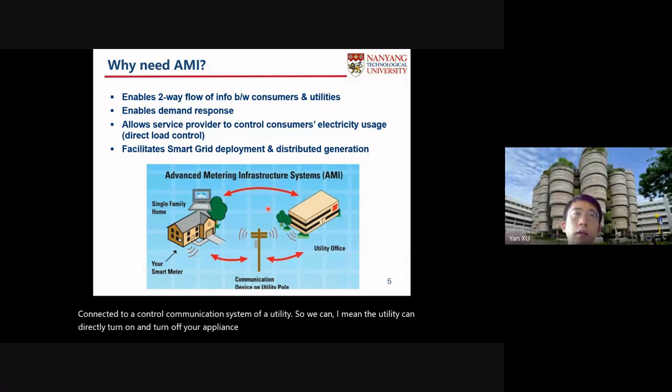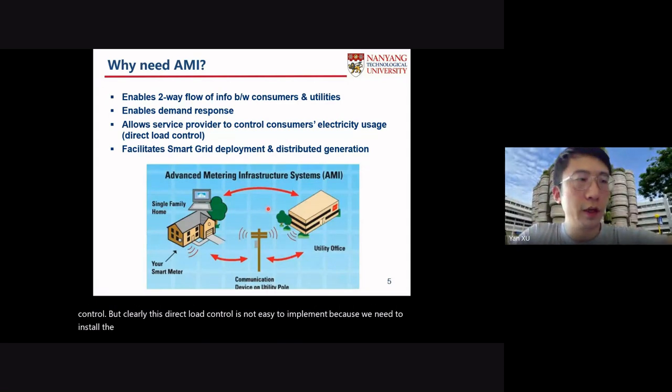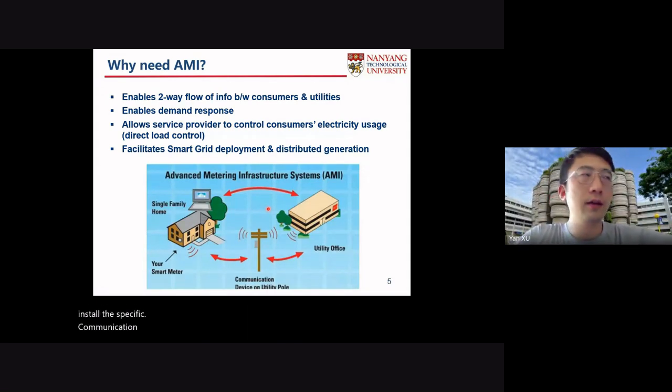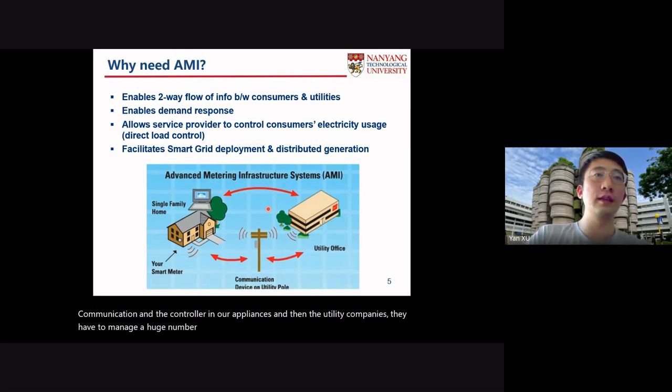This is the so-called direct load control. But clearly, it is not easy to implement because we need to install specific communication and controllers in our appliances, and the utility company has to manage a huge number of appliances, which is not easy.